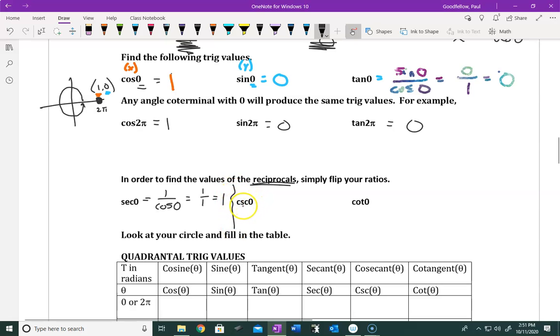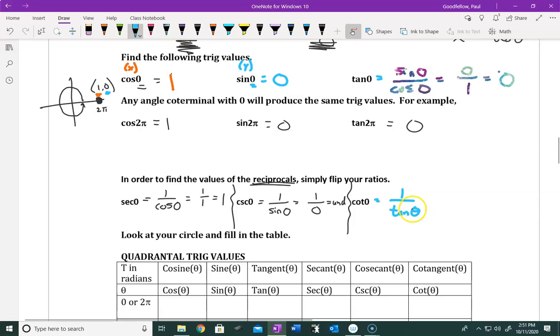Cosecant, that's the CSC, is related to the reciprocal of sine of 0. In this particular case, it was 1 over 0, and cosecant at that location is 1 over 0. Uh-oh, that is undefined. So that doesn't even have an answer at that spot. Now, cotangent is the reciprocal concept of tangent.